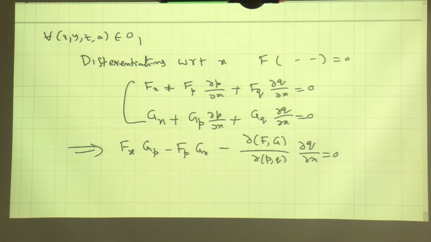Okay? And then differentiate with respect to y and you get something. Then differentiate with respect to z and you will get something. Right? We can differentiate with respect to x, y, z. With a also we can do, but we are not doing that. At the end, with respect to x gives you one equation, with respect to y gives you another equation, and with respect to z we actually get two equations somehow.